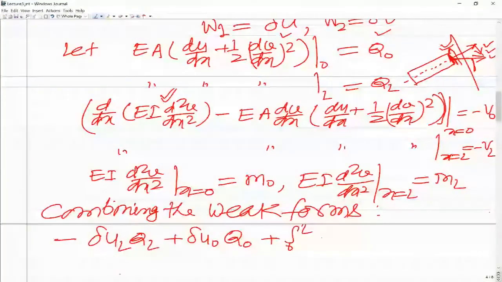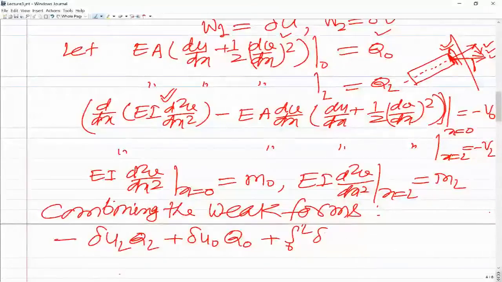Since variation and differentiation are interchangeable, we can write delta of dw1 by dx, which is du by dx.